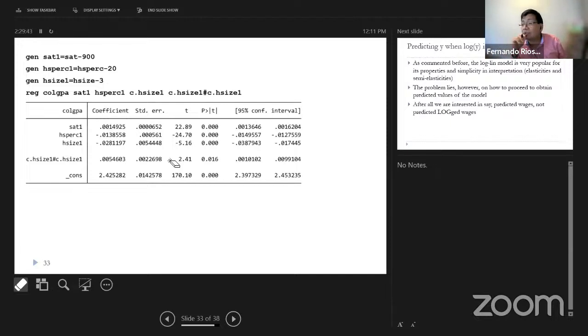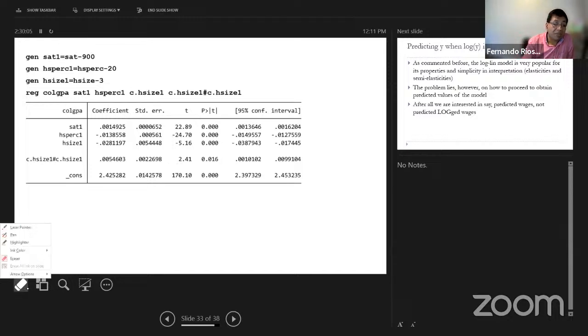A trick that can be used, however, is the same kind of reparameterization that I mentioned before, to get the predicted value for what you expect the average to be for somebody with certain characteristics. So how would I do this reparameterization?